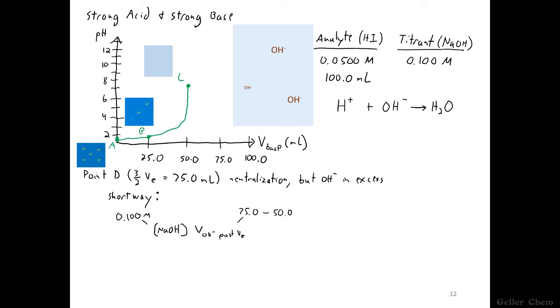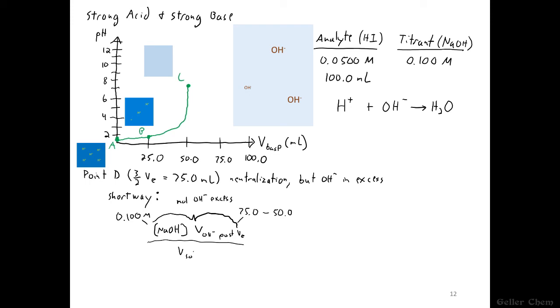And so there's really 25 milliliters of hydroxide solution just left over. And by multiplying these two values together, we will get the moles of hydroxide that are left over or in excess. And we will take those excess moles and divide by the new volume of solution.